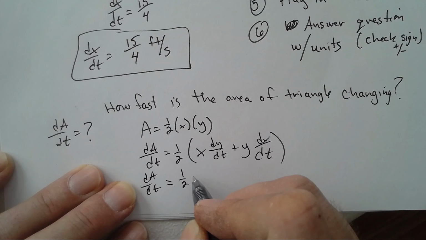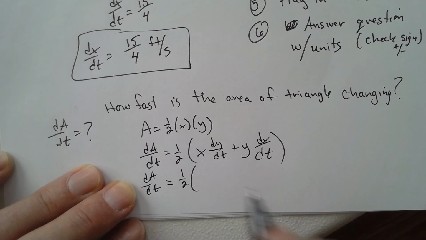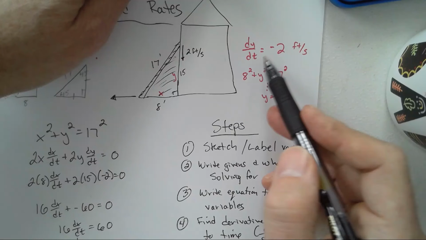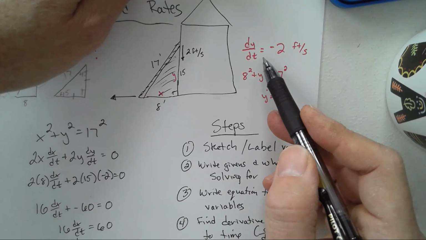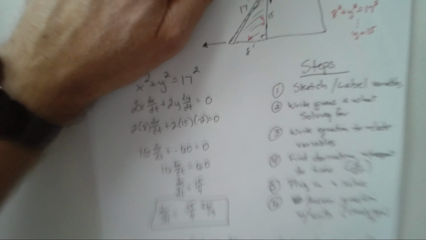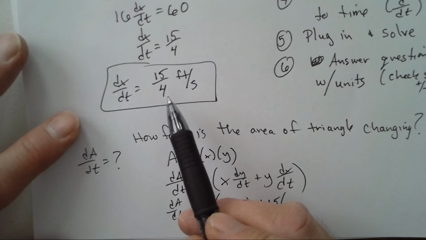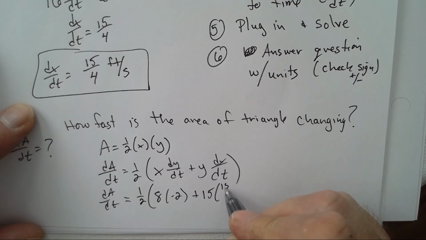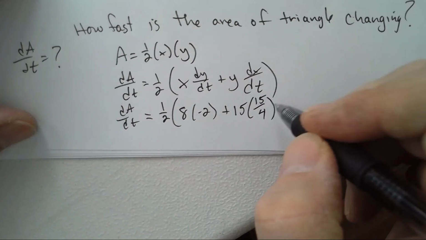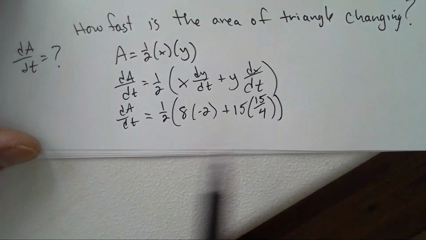My x we know is 8. dy/dt, that's given to us. That was -2. My y is 15. dx/dt is 15 over 4. So we have everything that we need. We just now have to do the algebra, it's not even algebra, it's arithmetic. And that'll give us our answer.